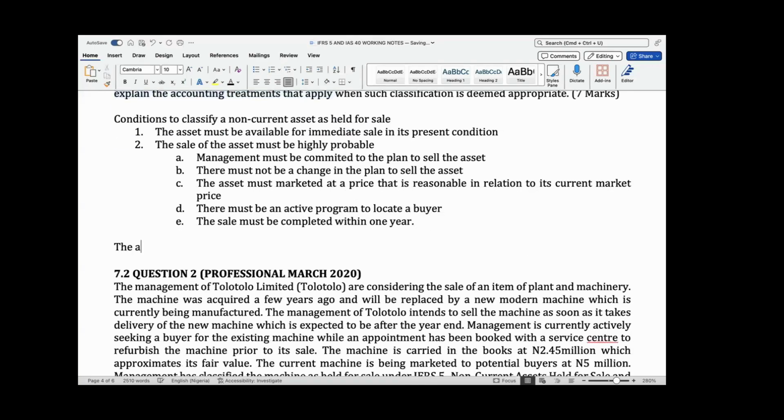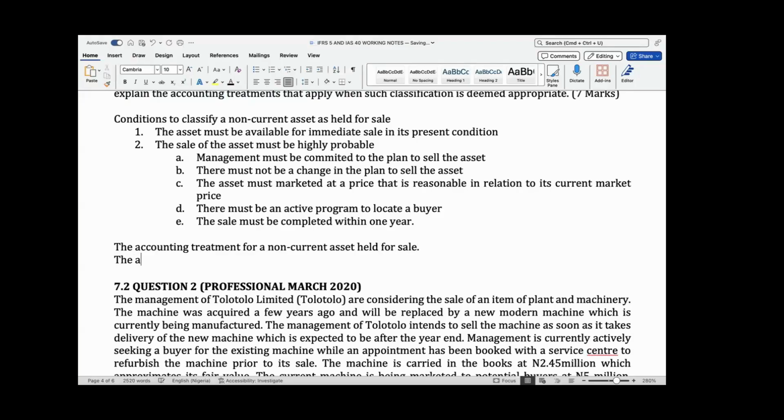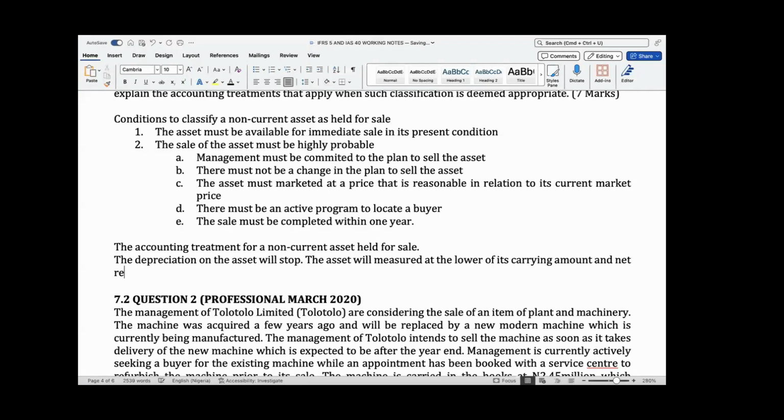And explain the accounting treatment. So the accounting treatment for a non-current asset held for sale, number one, is that the depreciation on the asset will stop and the asset will be measured at the lower of its carrying amount and net realizable value.